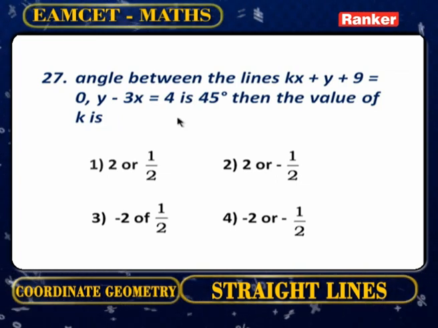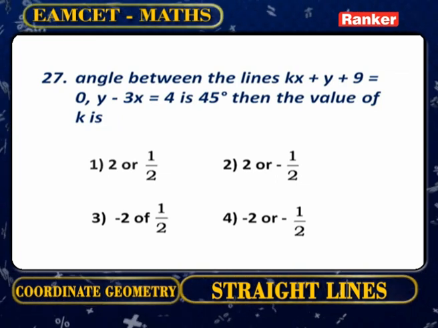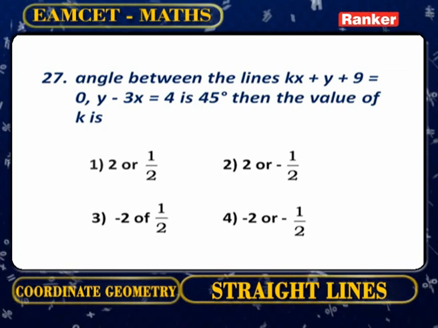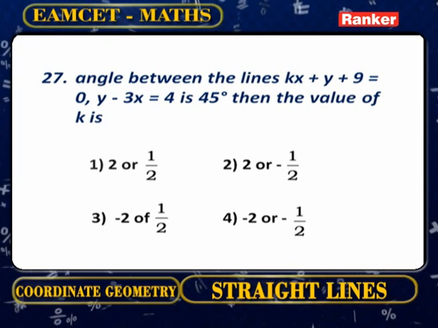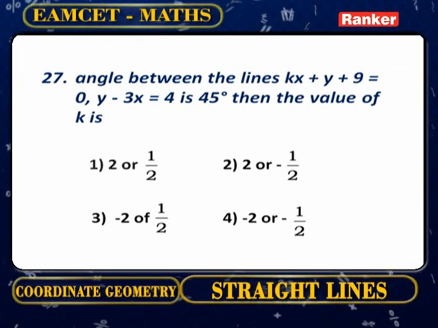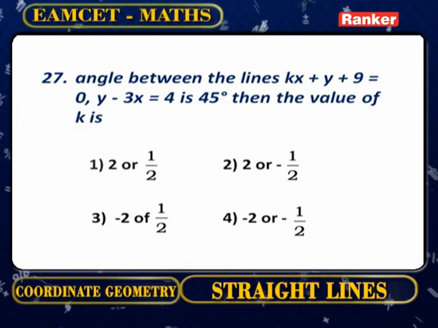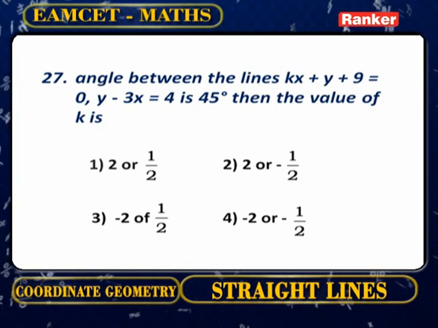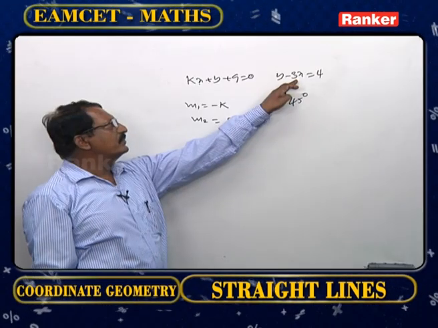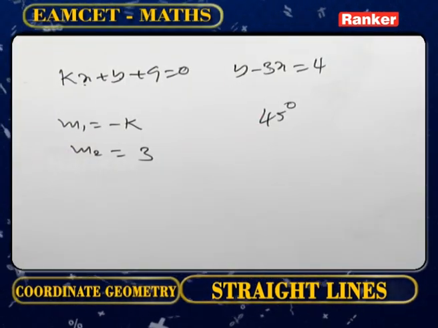Now the slope of the first line, m1, equals minus k; the slope of the second line, m2, equals 3. Slope equals minus coefficient of x by coefficient of y. So the slope of the first line m1 equals minus k, and the slope of the second line equals 3.